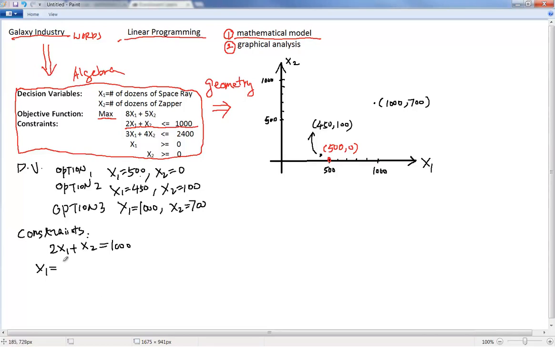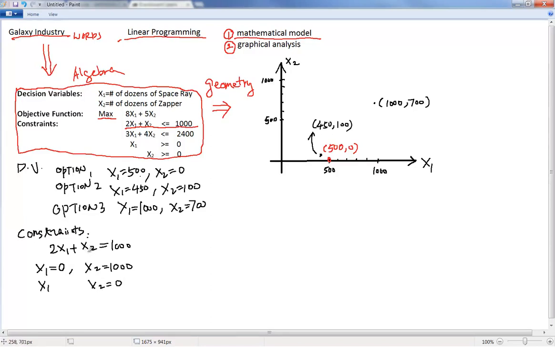But of course, the easiest way is to set x1 equal to 0. And once we have x1 equal to 0, then using this equation we can solve for x2, which would be 1,000. And this time we will set x2 equal to 0.